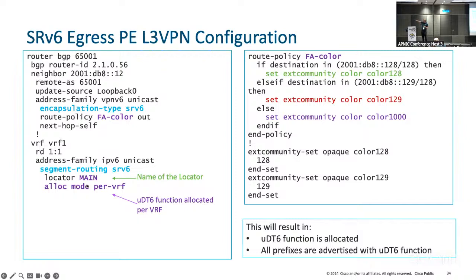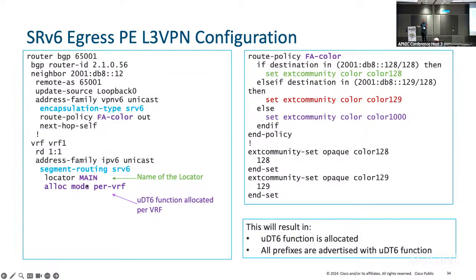Once you have these BGP routes, you put them into BGP, you have the out policy with that, and you attach every single VPN prefix with a color, with that unique value, right? And in BGP, you're telling them to do the SRv6 encapsulation on the main locator. The main locator is IGP shortest-path based.